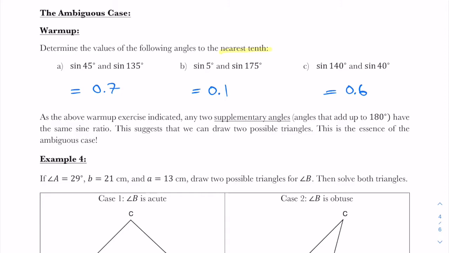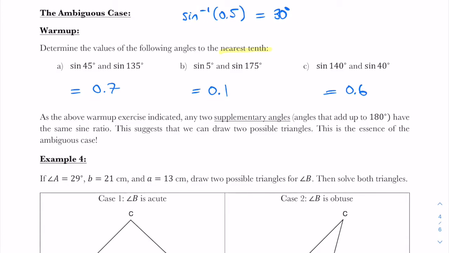Now, as another point to make, let's say I asked you to do the sine inverse of 0.5. Please do so on your calculator, and your calculator will definitely give you 30 degrees. And if you take the sine of 30 degrees, you'll get 0.5.